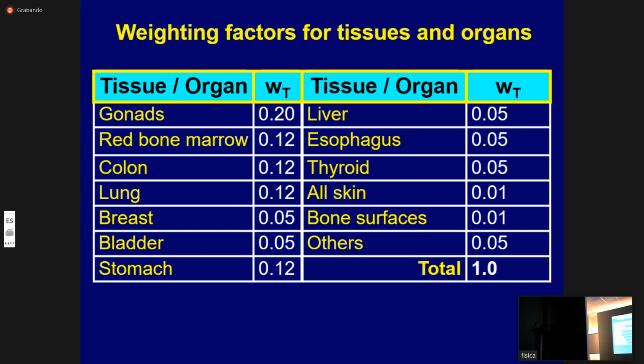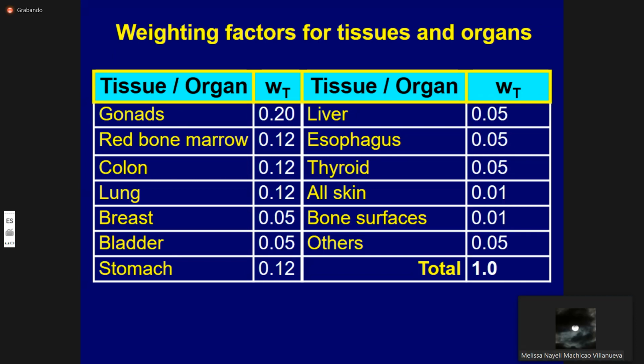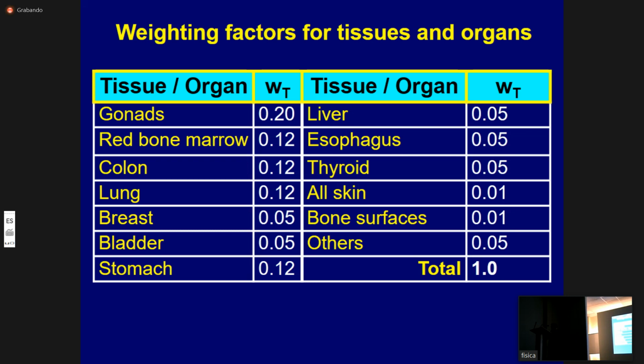And in the recommendations from 2007, the ICRP changed the definition of effective dose, which in radiation protection plays the role of a function depending on the doses to individual organs.